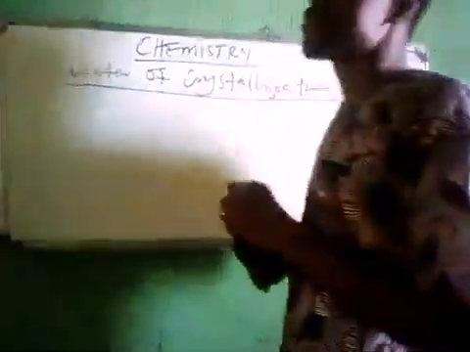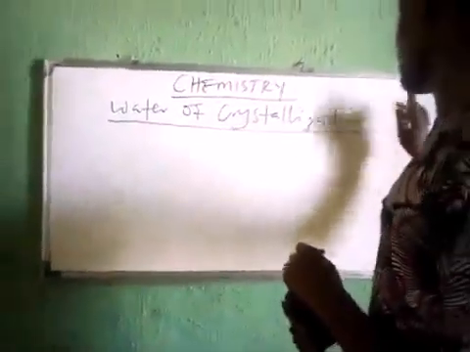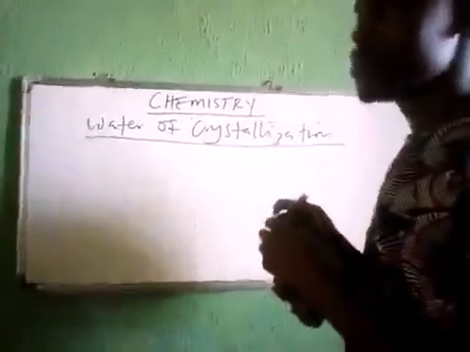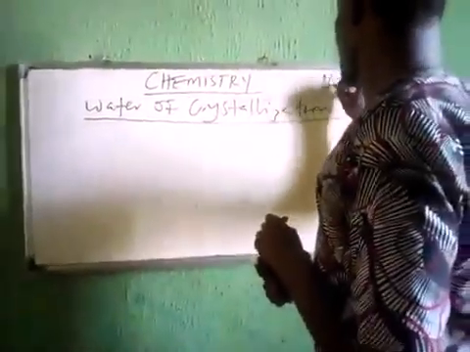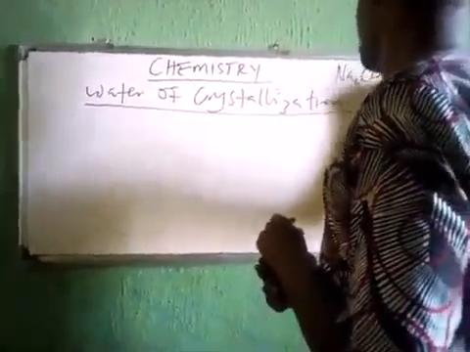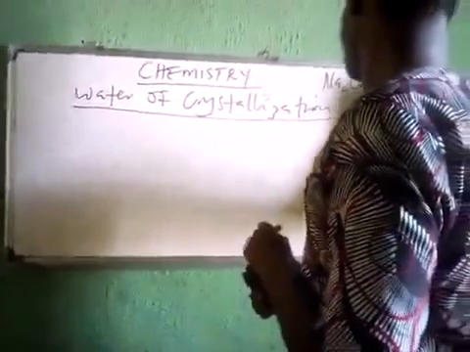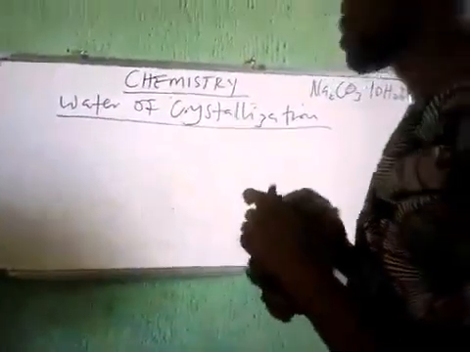Now, you've heard of some salts that we call hydrates. In other words, they contain a certain amount of water present in them, like Na2CO3·10H2O. It's an efflorescent compound.